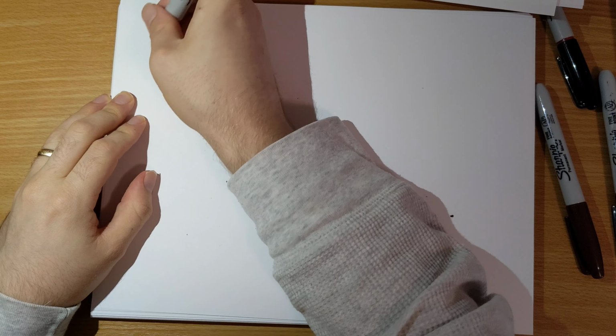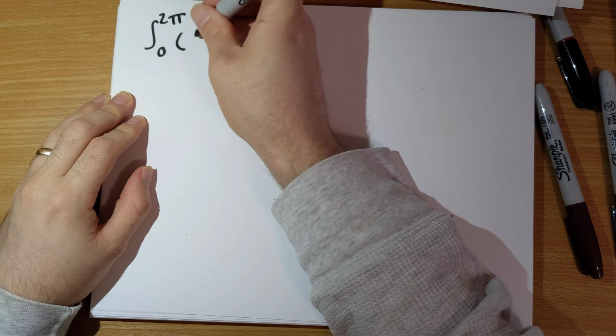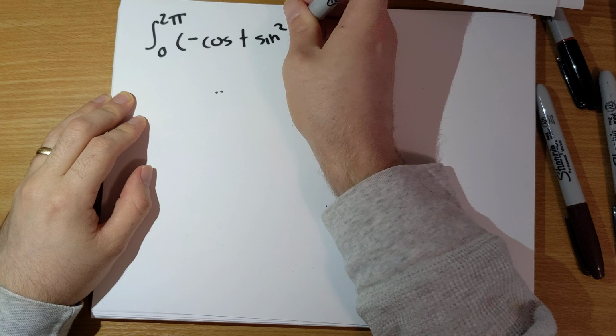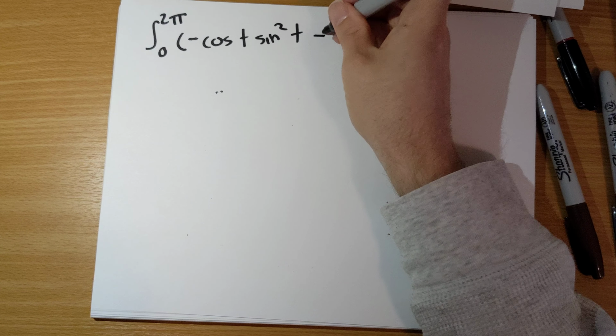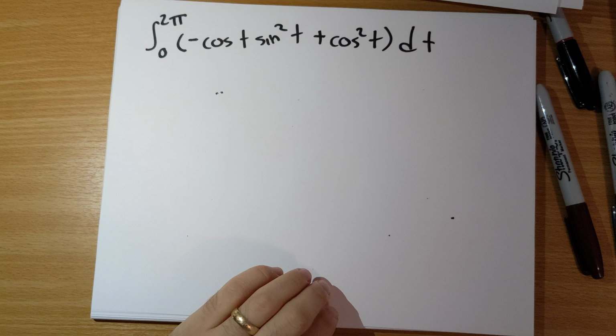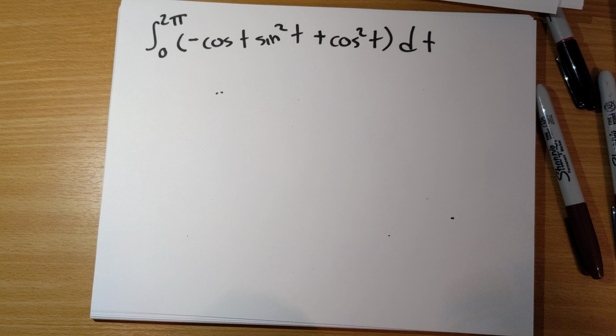So then the integral we need to evaluate is the integral from 0 to 2 pi of negative cosine t sine squared t plus cosine squared t dt. This is what we have to do here to evaluate this integral.